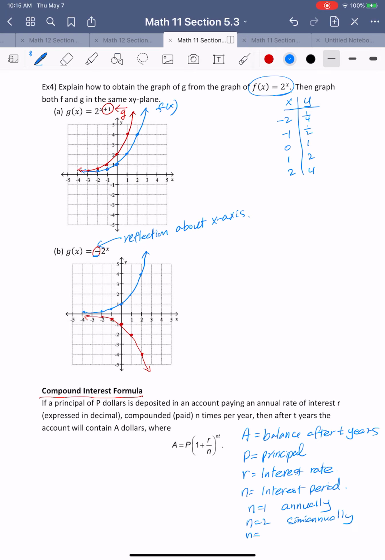N equal to 4 means quarterly. N equal to 12 means monthly. Just think about how many units in a year, okay? N equal to 52 means weekly. N equal to 365 is daily. Okay, and then you can go further if you want.